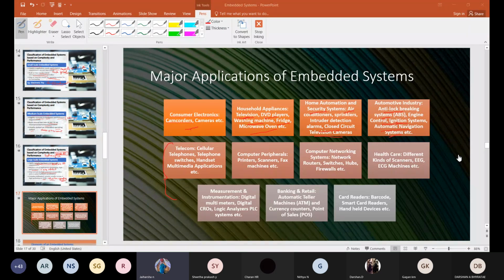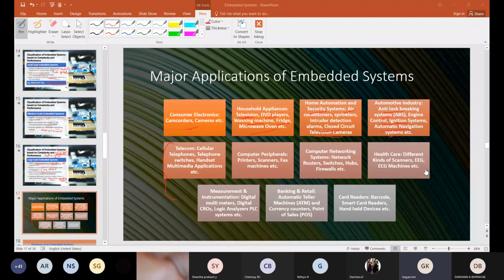Just mute your phone. Chinmay BC, present, sir. Darshan D, present, sir. Dhanyashri, present, sir. Gagan, present, sir.